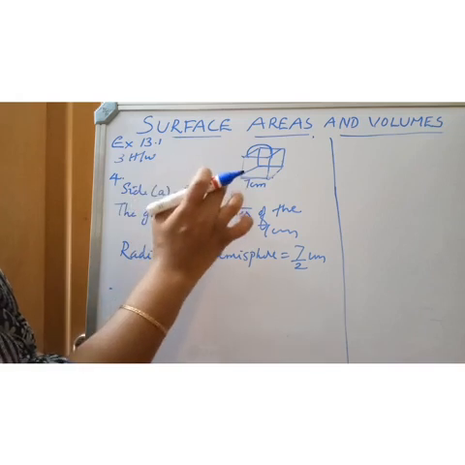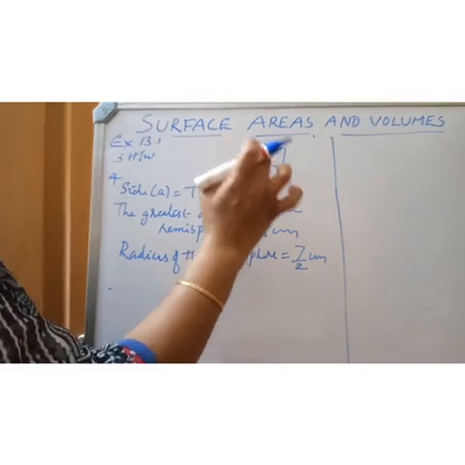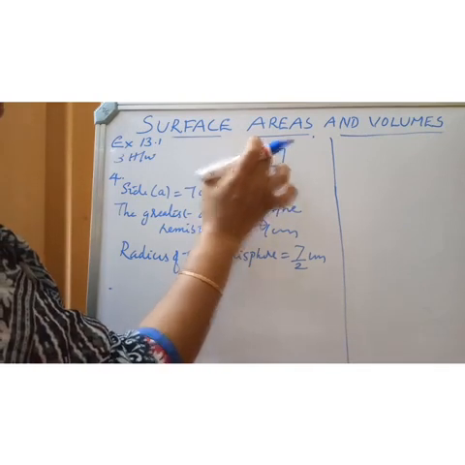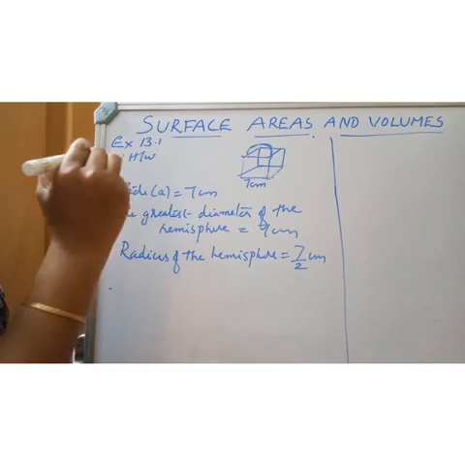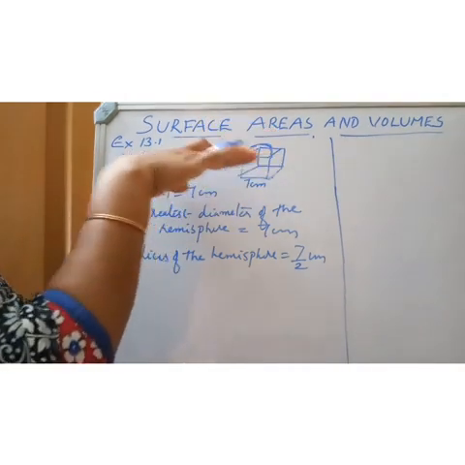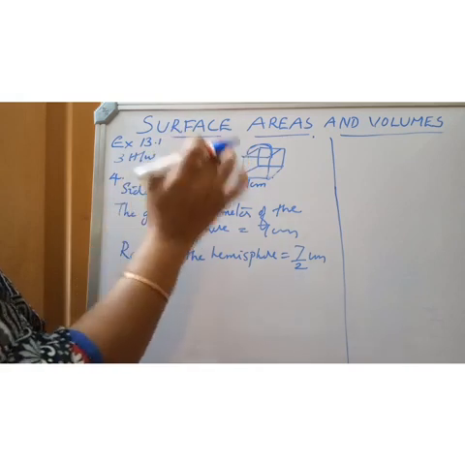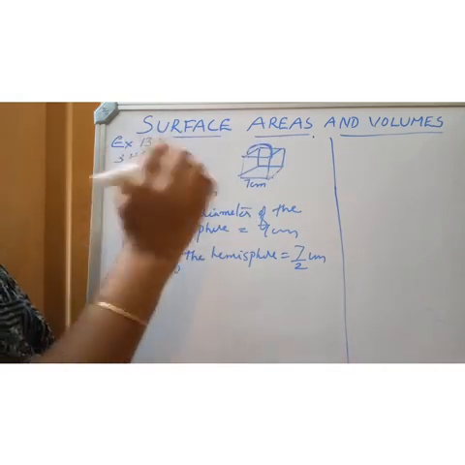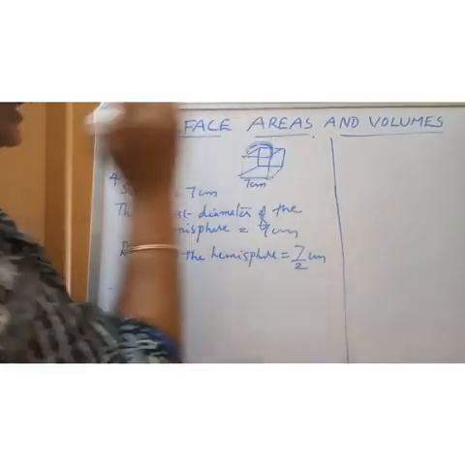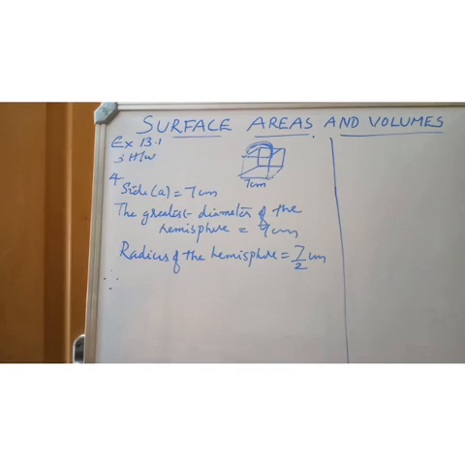So total surface area of the given shape is TSA of the cube minus base area of the hemisphere plus CSA of the hemisphere. Understood? Because it is keeping on the top. So base area we are not calculating. So base area of the hemisphere we have to subtract from the total surface area. Then add the curved surface area of the hemisphere.